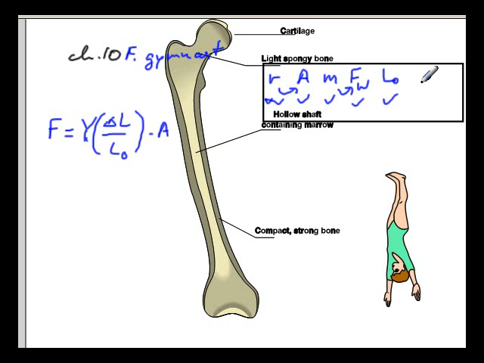And then I would still have to write in my table that the Young's modulus is given, we just look it up in a table in the book for bone.